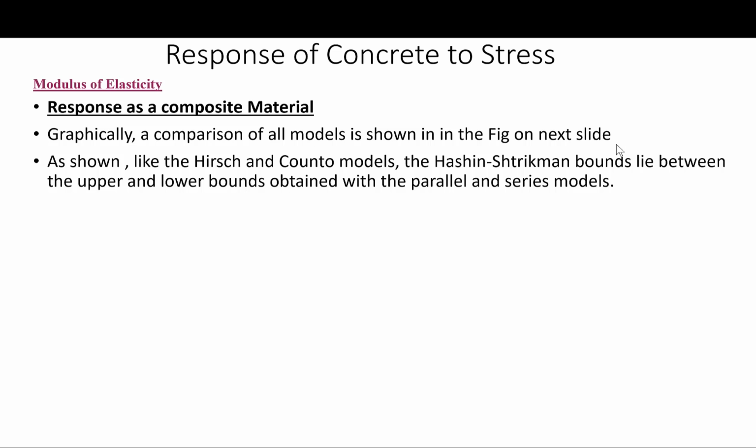Talking about these models graphically, a comparison of all models is shown on the figure I'm going to show on the next slide. As shown, like the Hirsch and Counto models, the Hashin-Shtrikman bounds lie between the upper and lower bounds obtained with the parallel and series models.